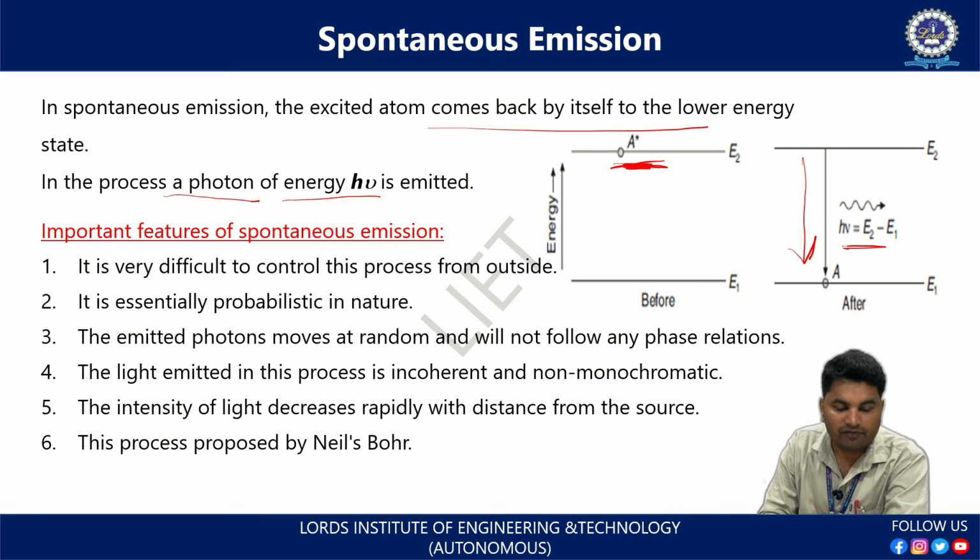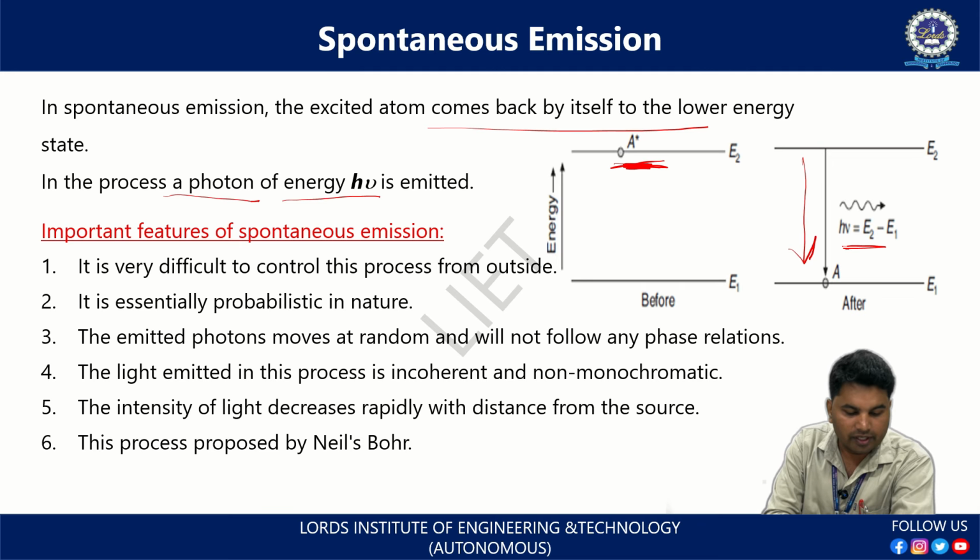Let's see the important features of spontaneous emission. Here it is very difficult to control the process from outside. It is essentially probabilistic in nature. The emitted photons move at random and will not follow any phase relations.